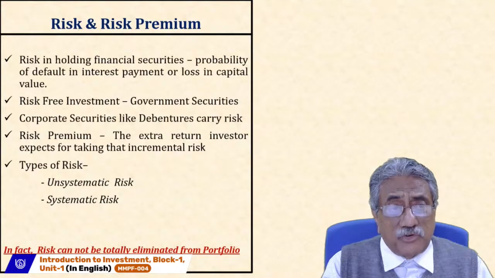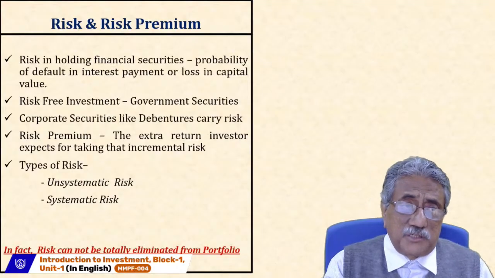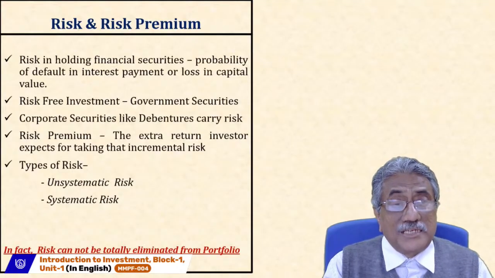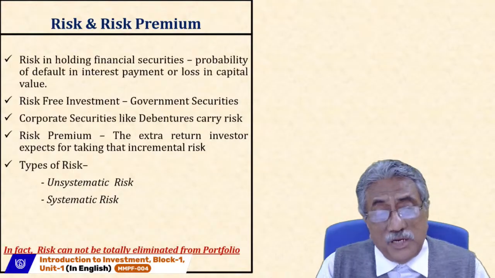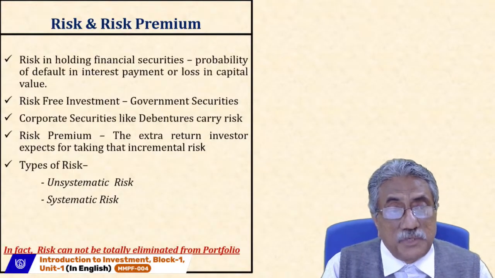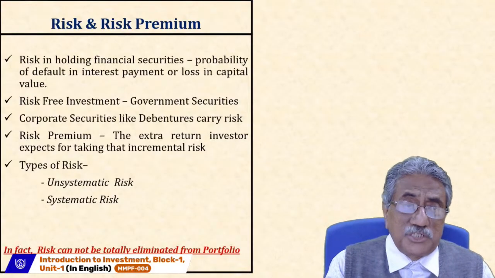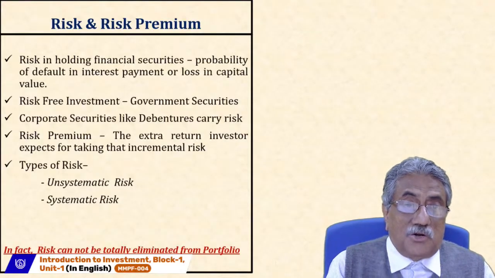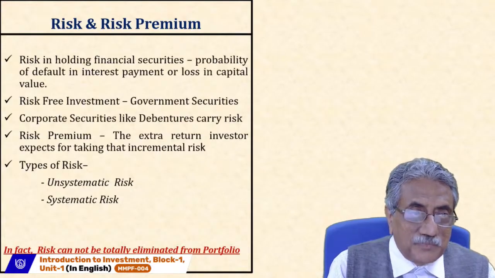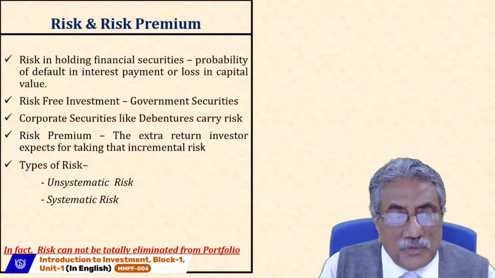If you are risk averse, you will perhaps put money in the banks or buy government-backed securities, AAA debentures. If you are ready to take risk, you may invest in some equity, and if you're ready to take too much risk, you can invest in startups or risky companies, right?